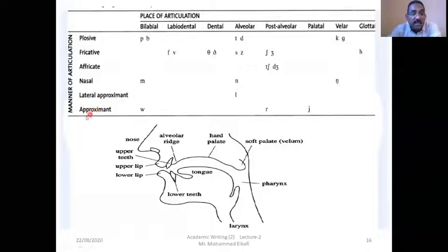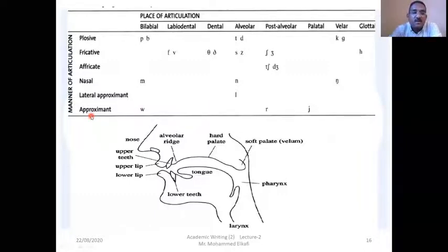Approximants are three consonants: wa, ra, and ya. So we have three approximants.